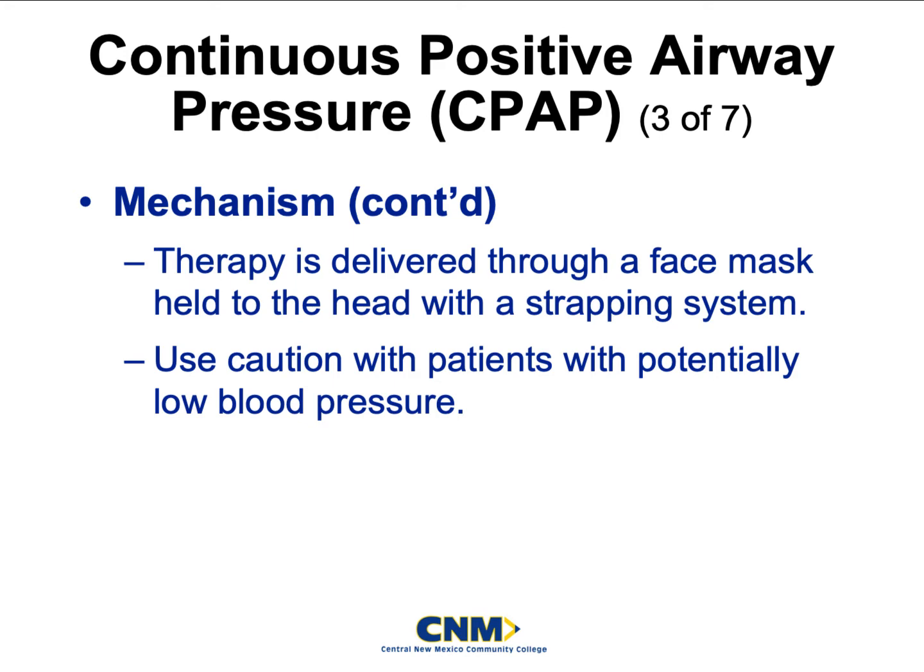The lungs are hyperinflated, or stented open, however you want to put it, with the CPAP. Those lungs are technically somewhat pushing on the vena cava, the superior and inferior vena cava, which is slowing down the blood flow back to the heart. If we have somebody with low blood pressure and we put them on CPAP, we can actually crash them, okay?